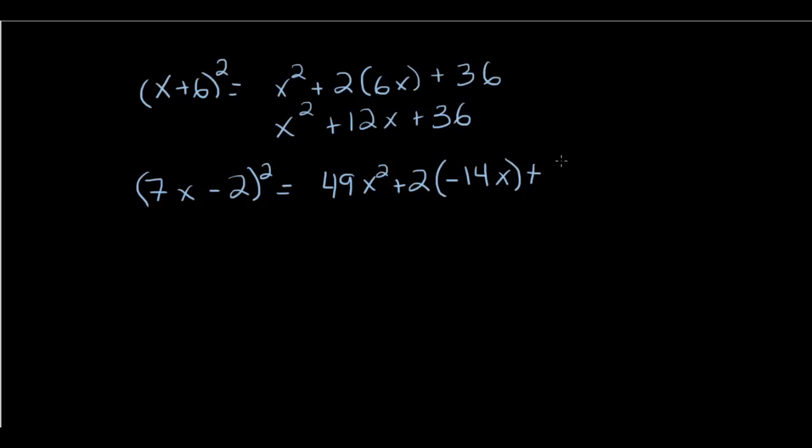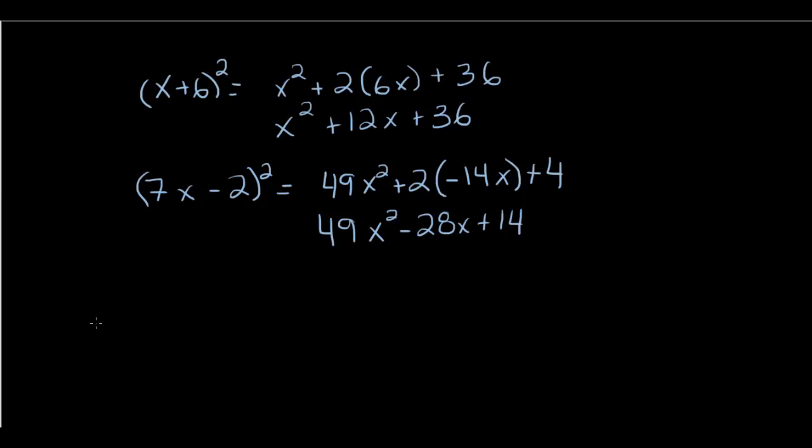Negative 2 times negative 2 is positive 4. So it's going to be 49x squared minus 28x plus 4.